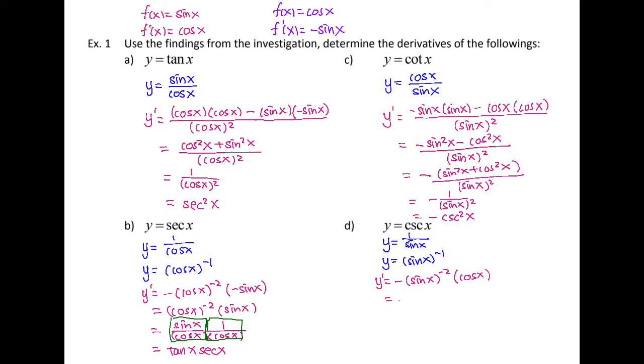Then I can write it as negative cos x on the numerator and sine squared x in the denominator. Now let's take a look. Cosine over sine means cotangent, and the 1 over sine on the side is cosecant. So my differentiation will become negative cotangent x cosecant x.